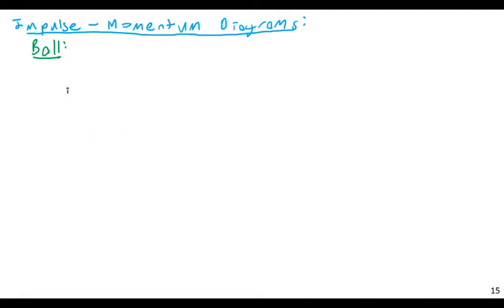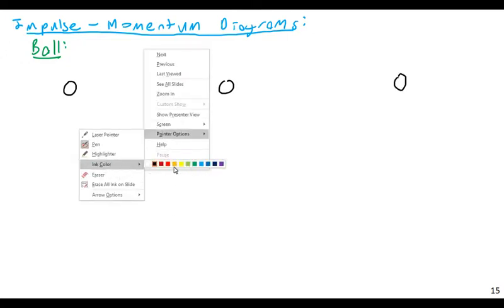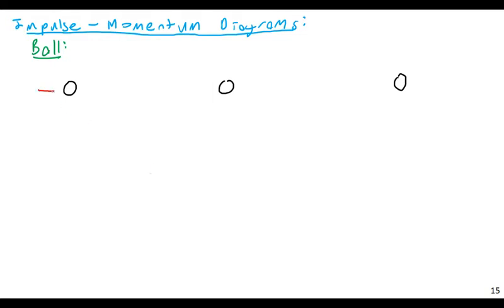So I'm going to have the ball here, and I'm just going to draw the ball 3 times. And I could label this however I want, but on each of these I'm going to show either the impulse or momentum on the object.